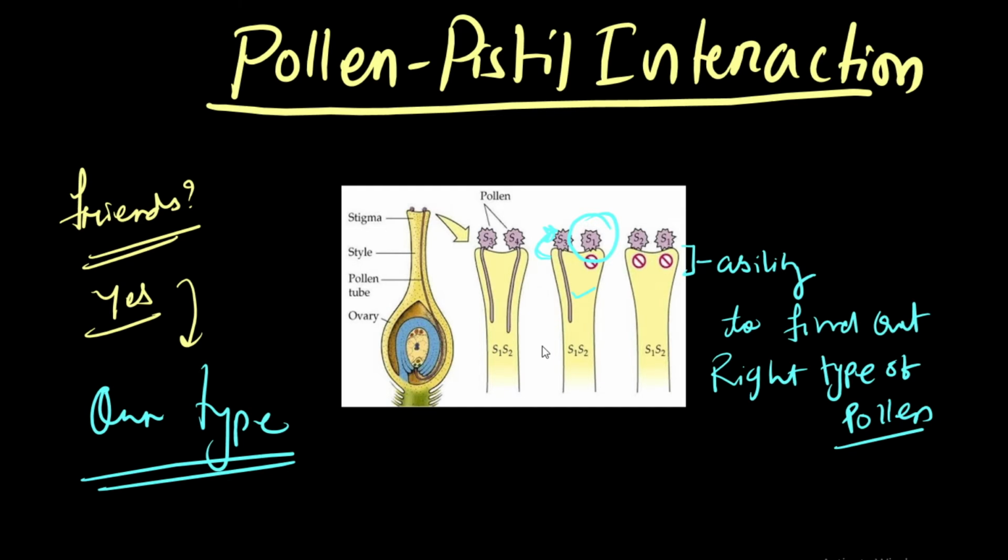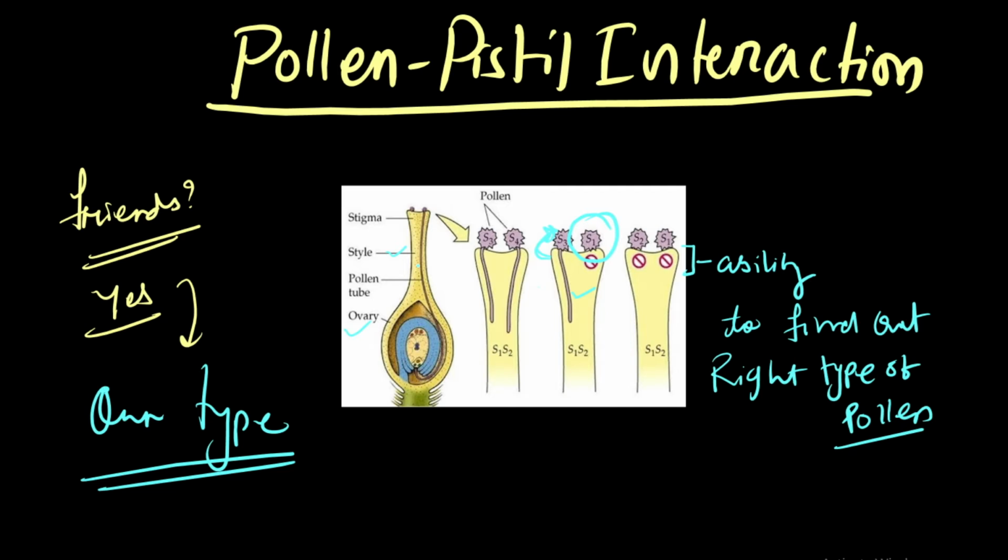That pollen tube gets into the ovary by piercing the surface of the stigma. First of all it gets into the style region, then to the ovary, then it gets into the ovule. After that, with the help of the filiform apparatus, it gets into the embryo sac.